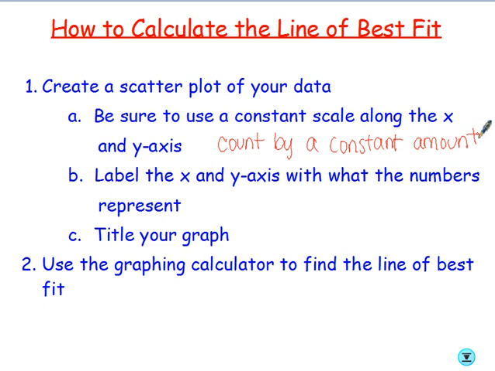In other words, count by 2s, or by 3s, or 5s, or 10s, or even 1s. And then secondly, label your X and Y axis with what the numbers actually represent. In other words, just give it a label.